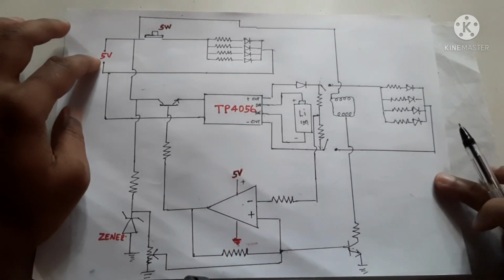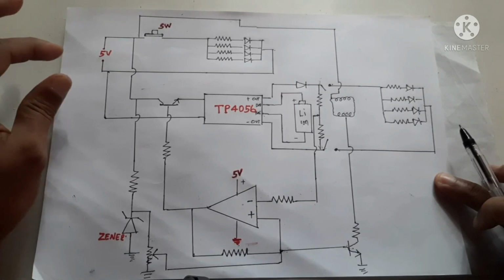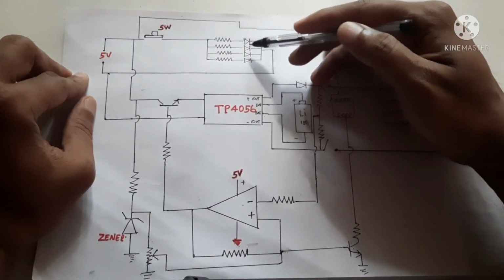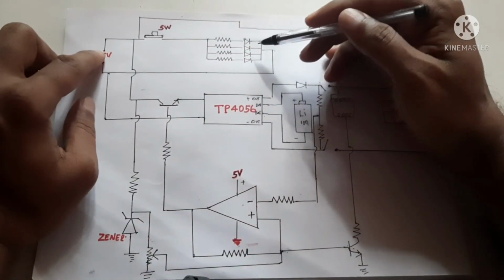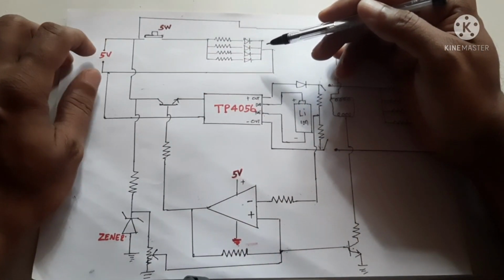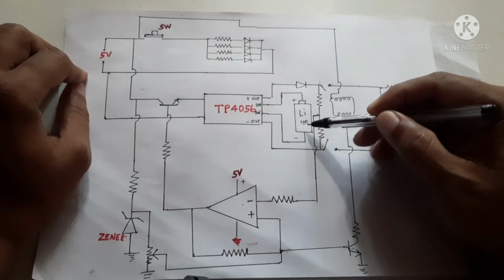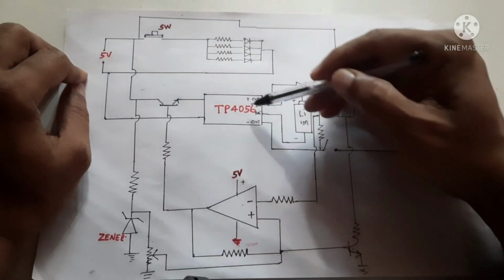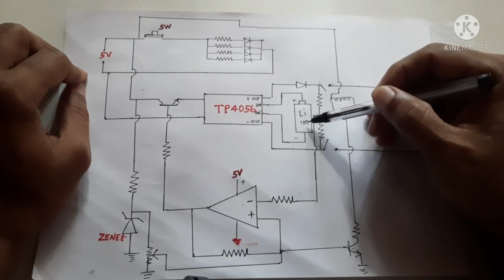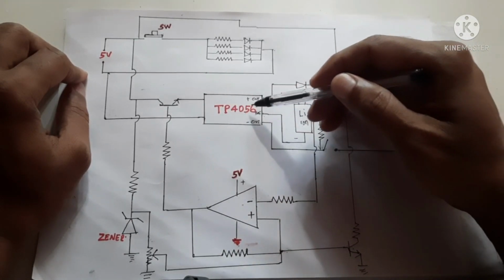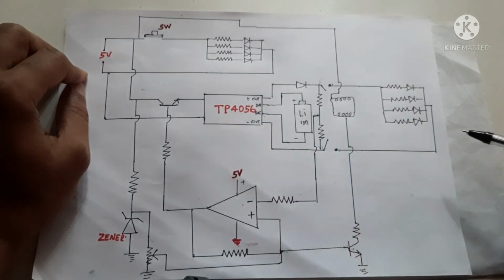When we apply a 5 volt charger on the switch, this LED will glow from this 5 volts that we applied, and at the same time, if the battery voltage is less than 3 volts, only then will this TP4056 charge this battery.